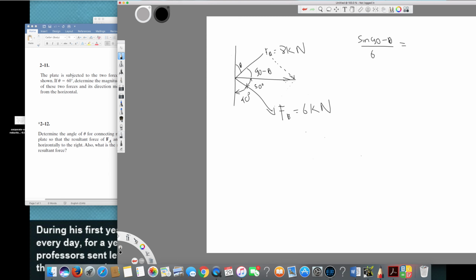If we take this triangle, sine 50 over 8. We know both of these, and now it's easy to find sine 90 minus theta. Sine 90 minus theta is going to be equal to sine 50 multiplied by 6 over 8.